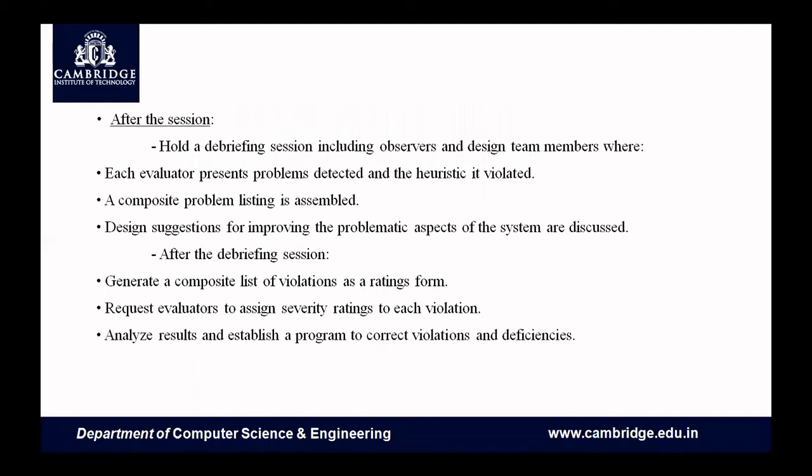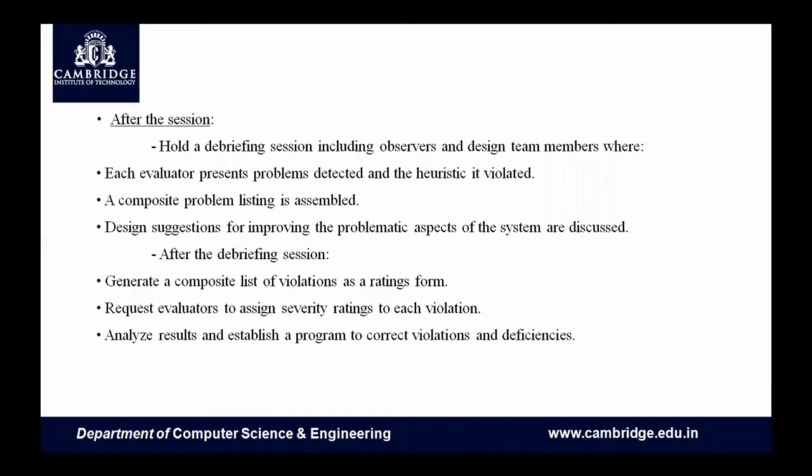So after the evaluation is done, what do we have to do? Hold a debriefing session where you involve all the observers and design teams, where all the evaluators will present their problems detected, the heuristics evaluated, and the use cases with the usability problems. All the problems should be listed and assembled.